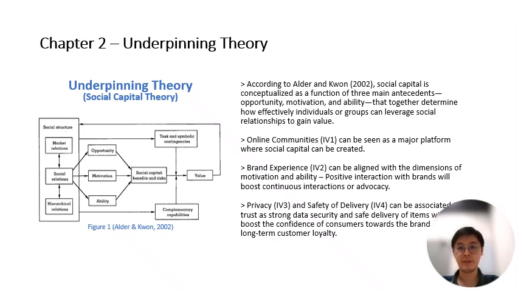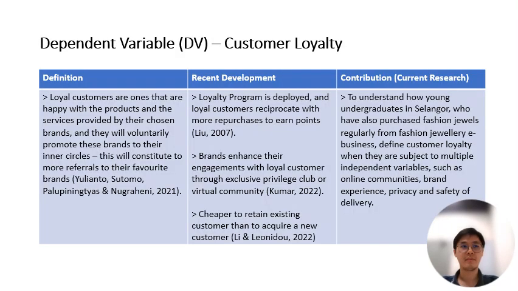Brand experience is aligned with the dimension of motivation and ability, and privacy and safety of delivery can be associated with trust. So with the trust, with the motivation, and with the platform whereby the communities can interact with members, we can contribute to this social capital.